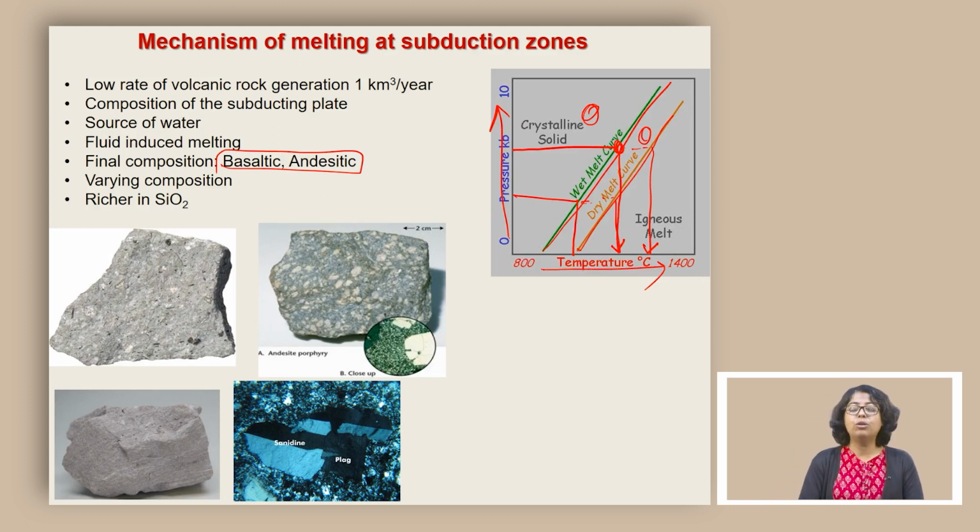Here the amount of volcanic rock generation is only 1 kilometer cube per year, and the overall composition will have a tendency of enrichment of SiO2, but the variance in what kind of composition you are going to see associated with subduction zones is going to vary a lot, simply because the composition of the subducting plate and the amount of water in the subducting plate will contribute a lot in determining the final composition.